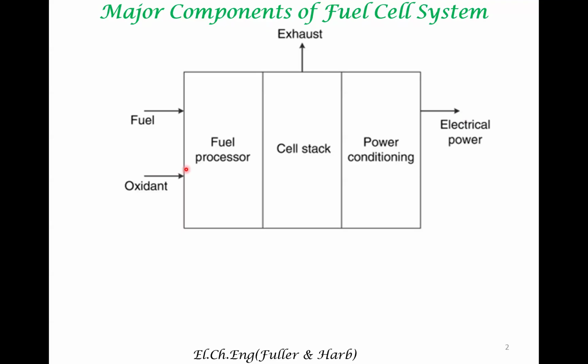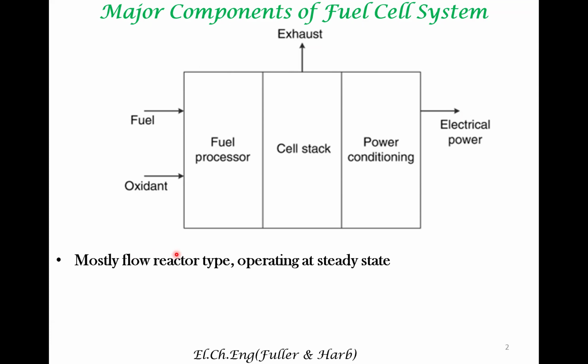The exhaust from a fuel cell stack can be as harmless as water vapor if the fuel is hydrogen and oxidant is oxygen, or it can be slightly more complicated. In most cases, the fuel cell acts like a flow reactor, which you see in a chemical engineering system.